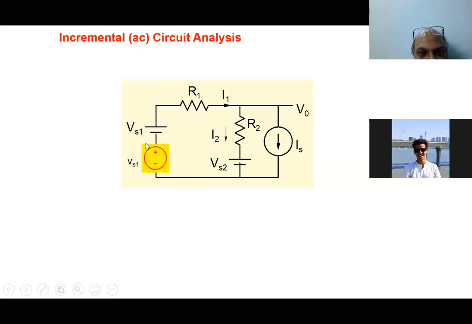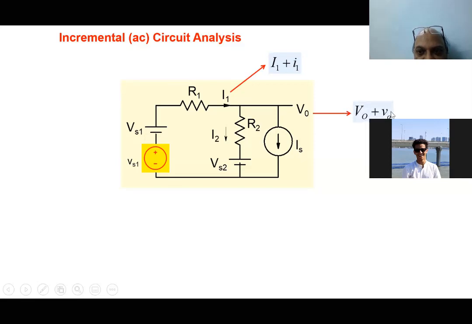This voltage has changed by a small amount, which is same as saying that I've added another voltage source here with an amount equal to whatever was the change here. And as a result of this, what would happen is the current which was I1 here will change to I1 plus some small i1, the change here, the incremental change in this current here.